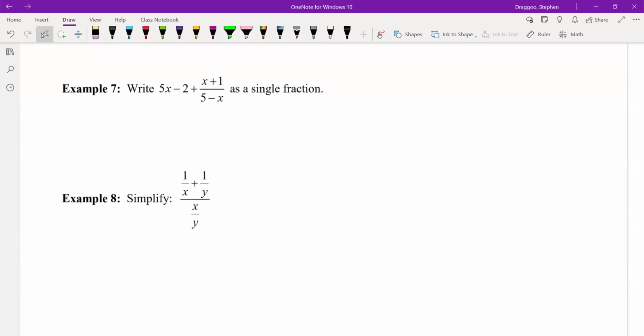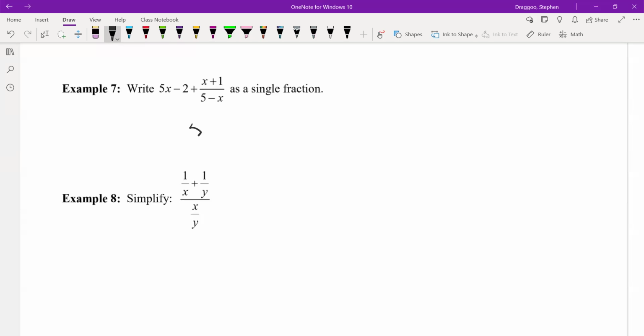Writing some function as a single fraction, well, I have a denominator of 5 minus x, so I'm going to multiply that in to all of the pieces that don't have that denominator. If I want to write this as a single fraction, my denominator needs to be 5 minus x. So I'm going to multiply it in to that other piece. Kind of like this.